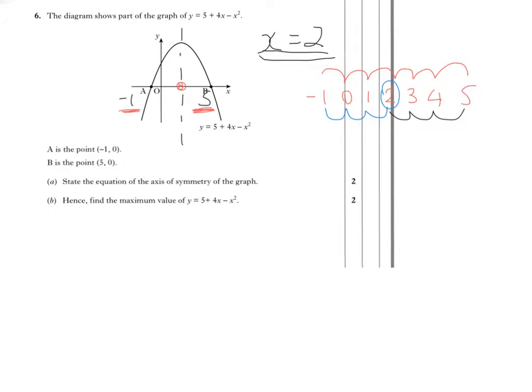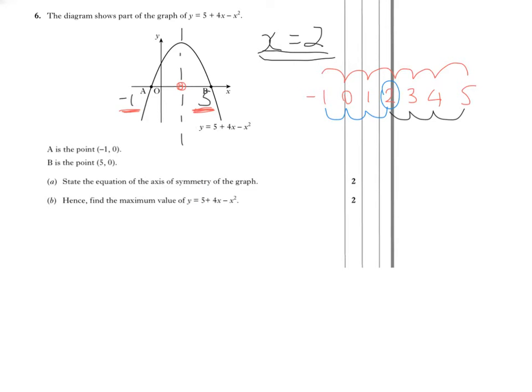If you're looking for the y coordinate, it makes sense to look at this equation, because y equals gives you y coordinates. The maximum value occurs when x is equal to 2, as we've worked out. So we're going to put x equals 2 into this equation for y, and that will give me the y coordinate there, the maximum value.